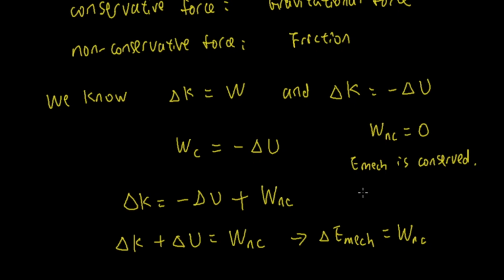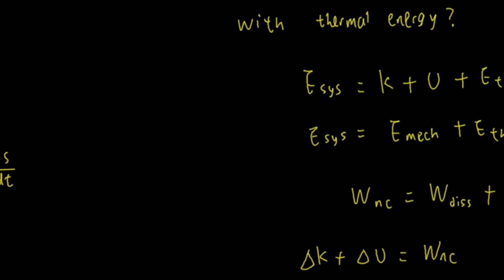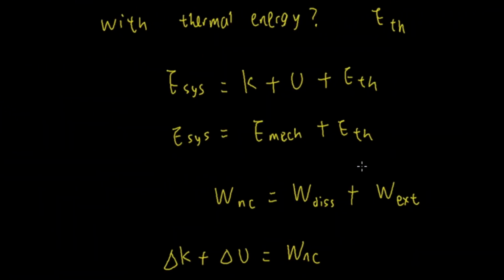Now, in this situation here, we look at the system that has more than just kinetic energy and potential energy, which includes thermal energy. So it's another scenario for the energy of the system to be conserved. In order for the energy of the system to be conserved, there should only be transformation of energy within the system, which is kinetic energy, potential energy, and thermal energy.